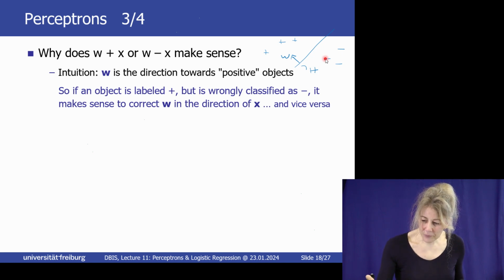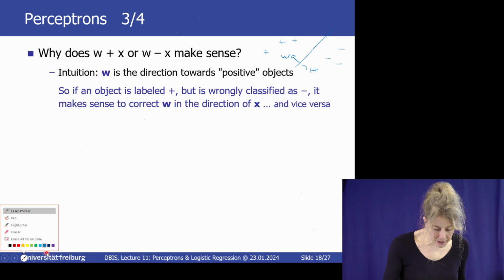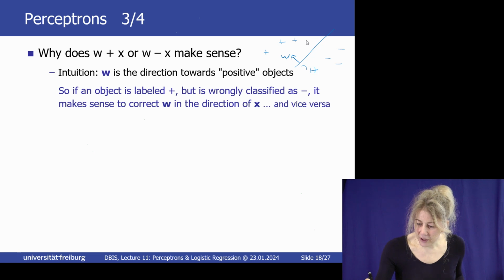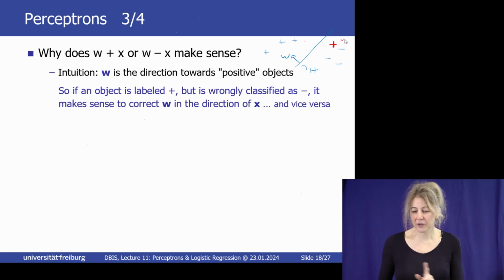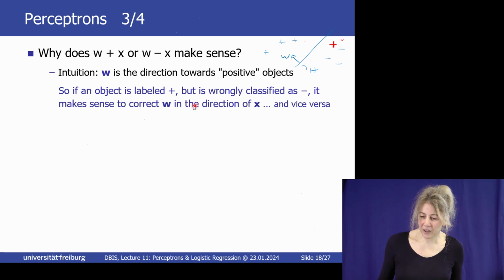So if I have an object, here's my x. It's labeled plus, but it's wrongly classified as minus.